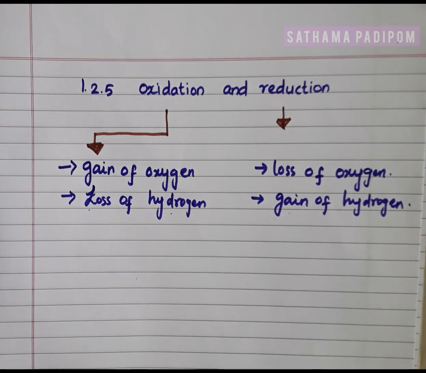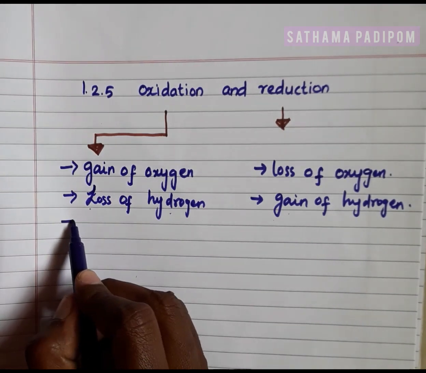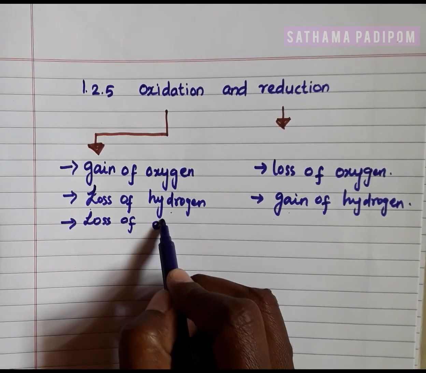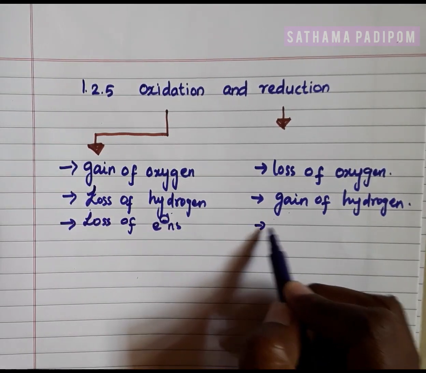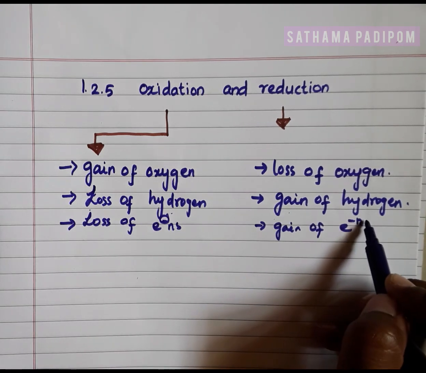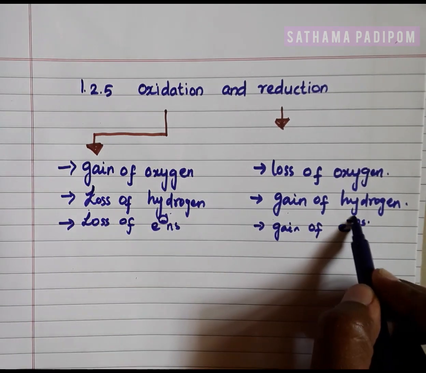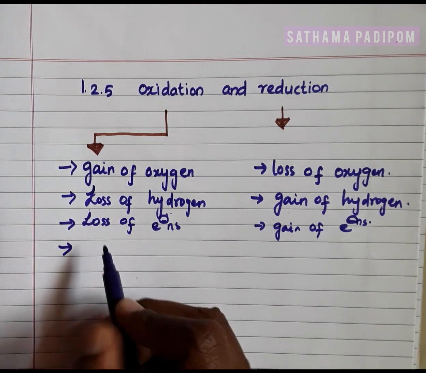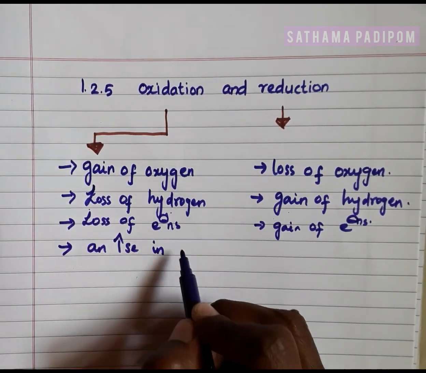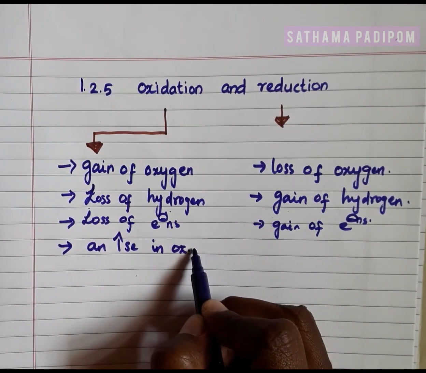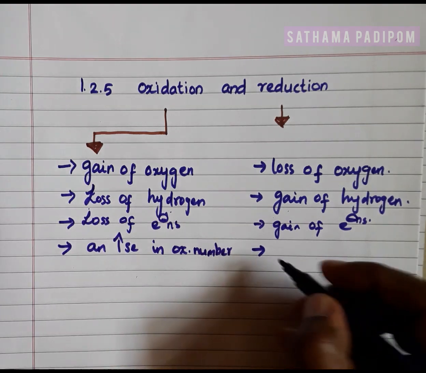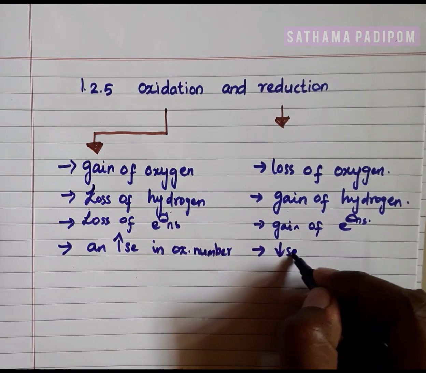Next, oxidation is loss of electrons, and reduction is gain of electrons. And the next, oxidation is an increase in oxidation number, and reduction is a decrease in oxidation number.